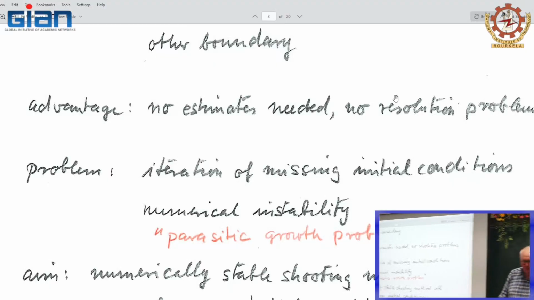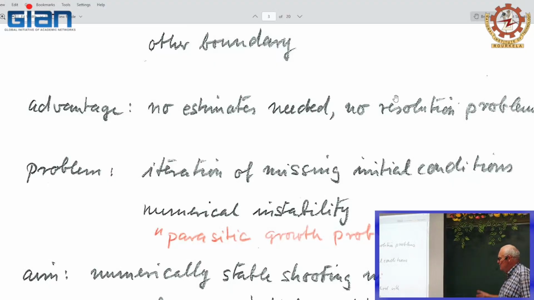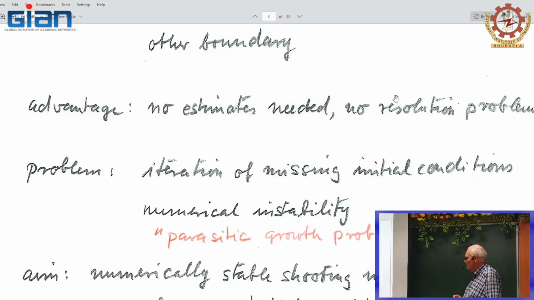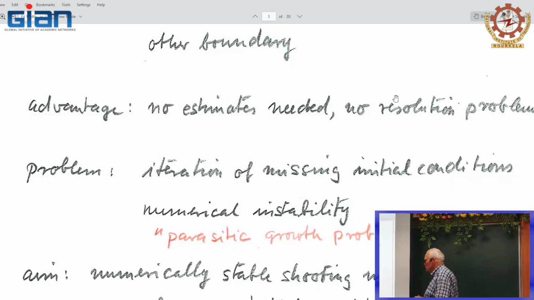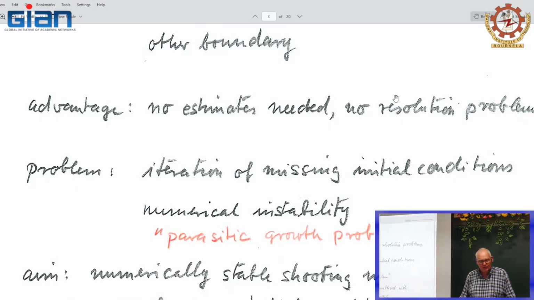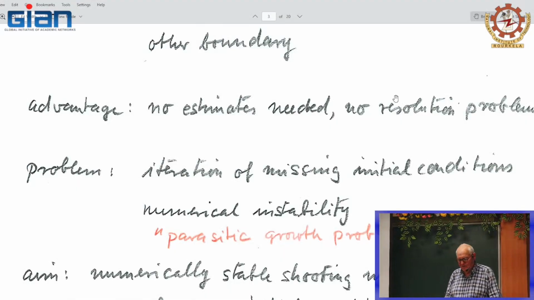This capture of the diverging solution is the reason for the parasitic growth problems.